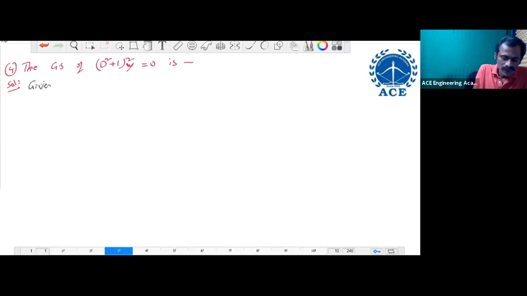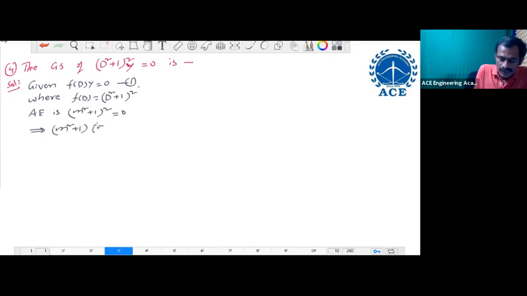Now in the solution, given f(D) y equal to 0, where f(D) equal to (D square plus 1) whole square. The auxiliary equation is (m square plus 1) whole square equal to 0, which implies (m square plus 1)(m square plus 1) equal to 0.